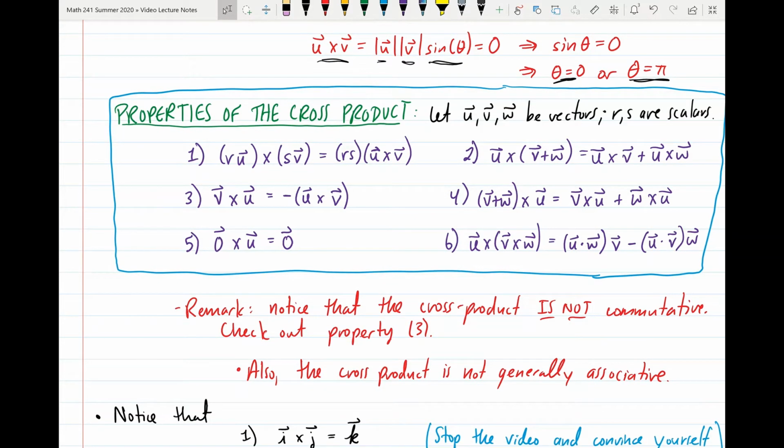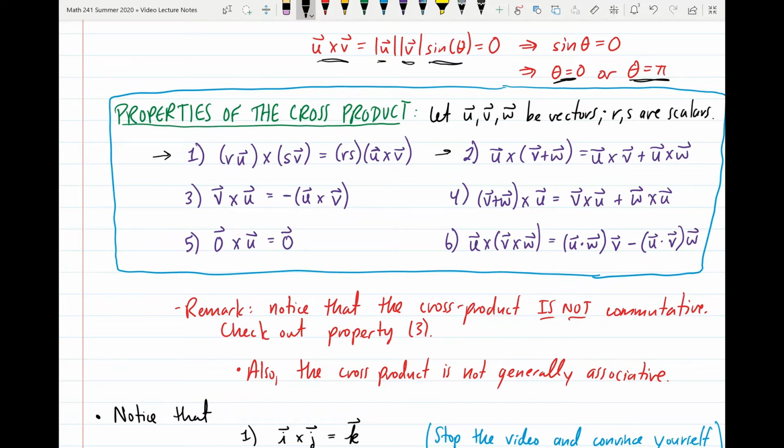One just says that we can pull scalars out of the cross product from either u or v, or we can distribute scalars through the cross product. Or rather, I should say, we can move a scalar to either of the vectors that's being multiplied with the cross product. Property 2 just says that the cross product is distributive over vector addition, so that might be an interesting one to know.